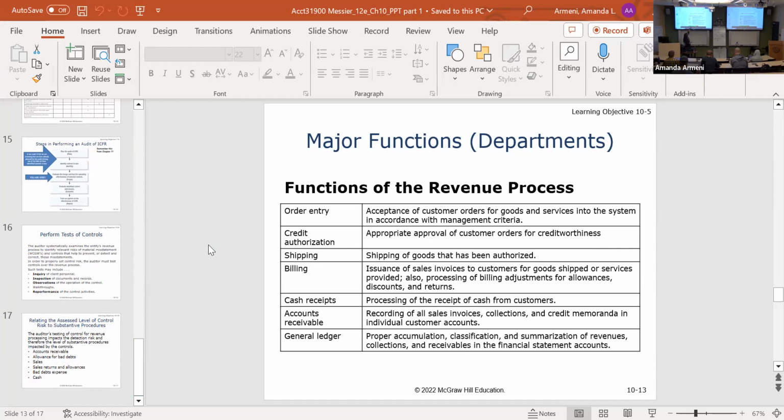So for instance, a lot of the times the general ledger function is just completely IT based. It's automatic updates to the general ledger system based on data that's being fed from other programs. Okay, so it doesn't necessarily mean that it's a physical department with personnel in it, but it could also be just completely IT based.